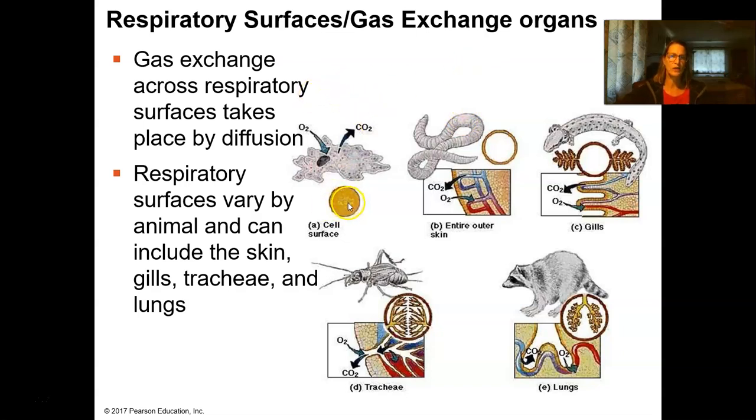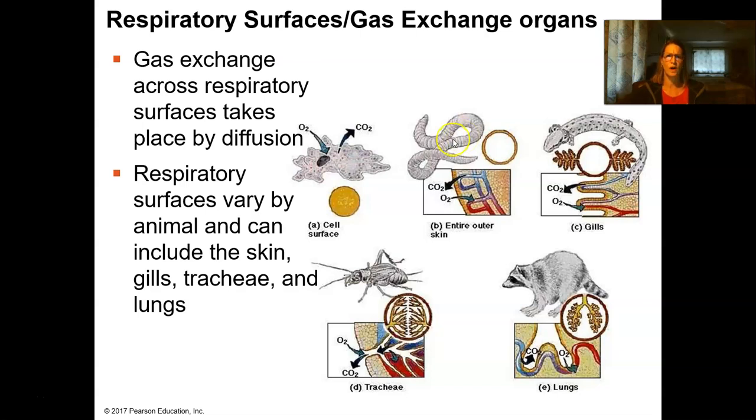So if you're just a single cell, you don't need a gas exchange organ. Basically, the surface of the cell is the only thing that you need to do gas exchange, okay? So a single-celled organism can do gas exchange just through the surface.